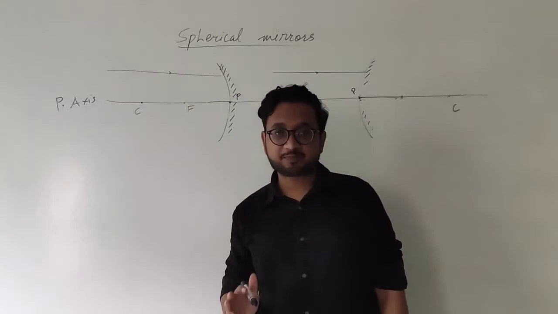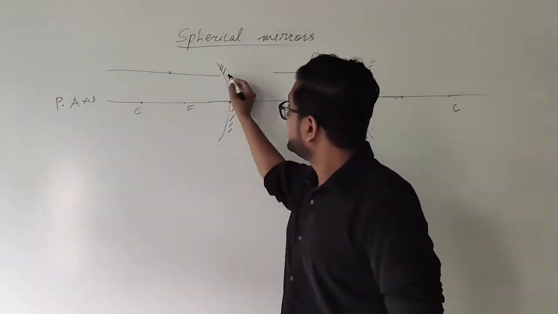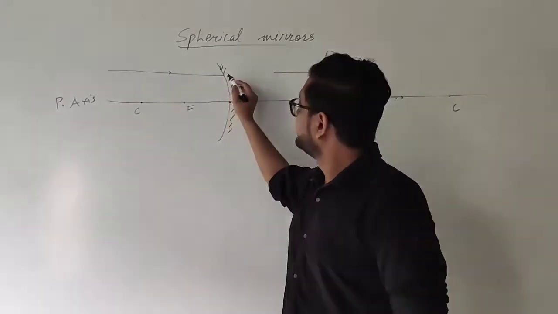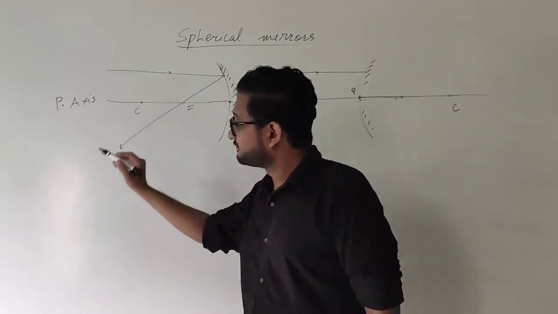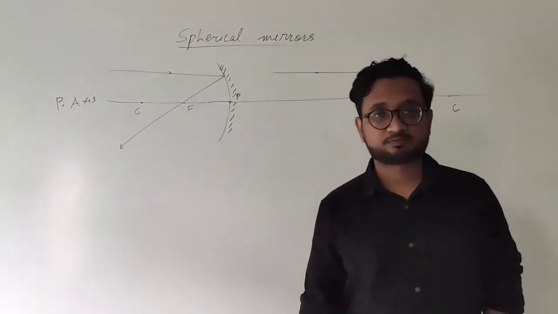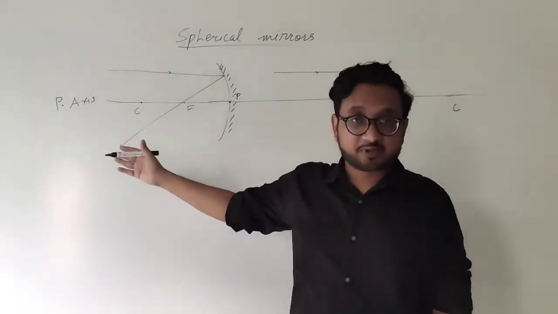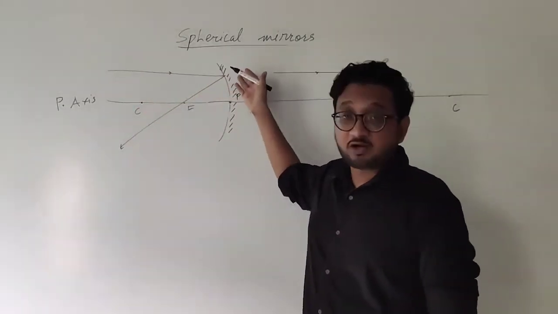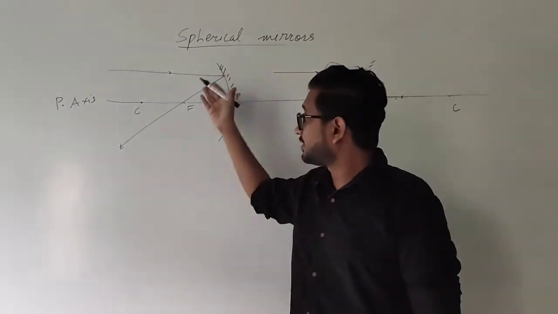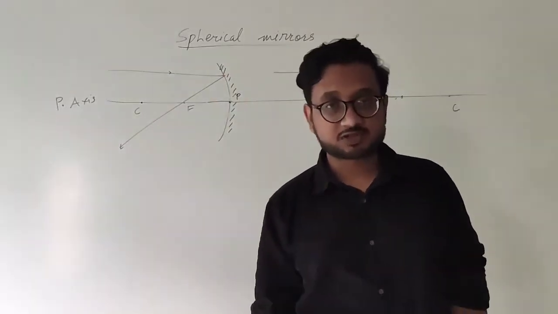And whenever this happens, the rays of light, after reflecting from the mirror, will always pass through focus. I repeat once again, when a ray of light is parallel to principal axis, after falling on the mirror and reflecting, it will always pass through the focus point.